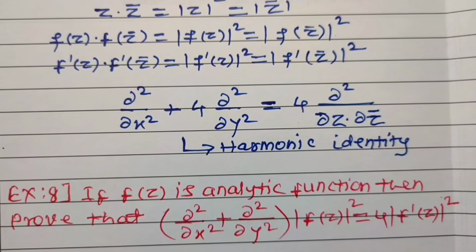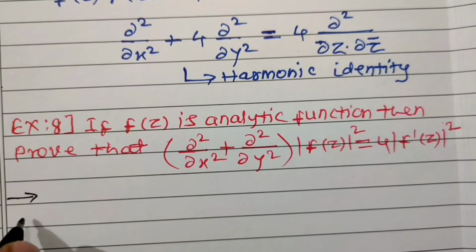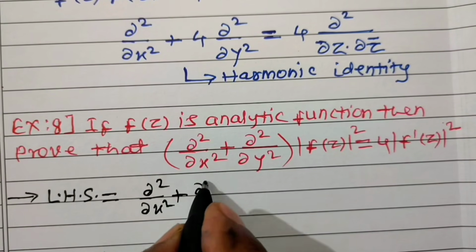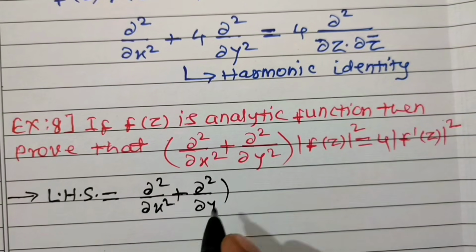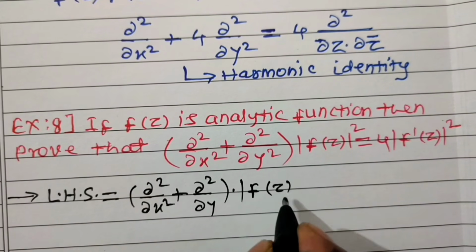Let us take its left hand side. Solution: LHS is equal to (∂²/∂x² plus ∂²/∂y²), which we are applying on modulus of f(z) squared.